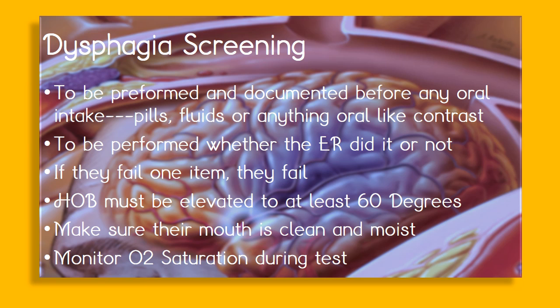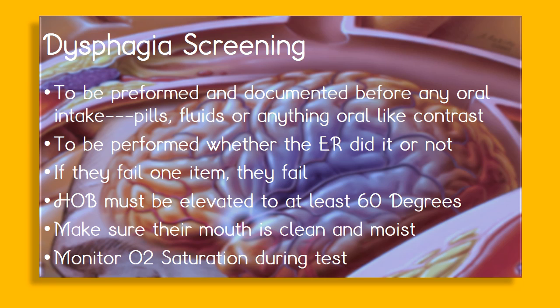Okay, so the dysphagia screening should be performed and documented before anything oral. Any oral intake, such as pills or water, fluids, oral CT contrast, anything. They should have it performed and documented in the ICU before they do anything.